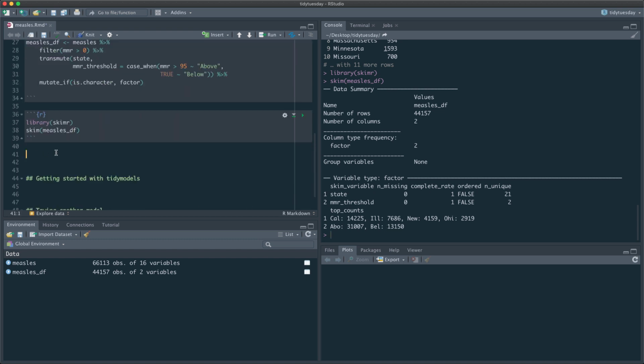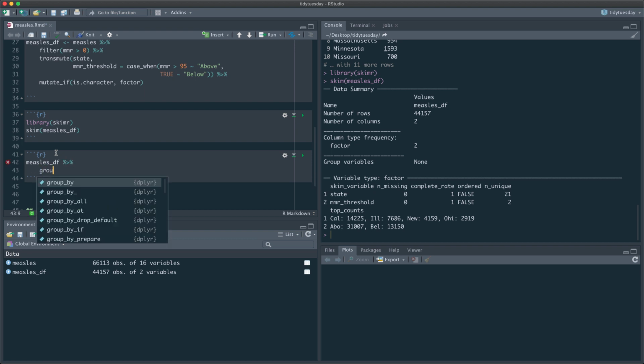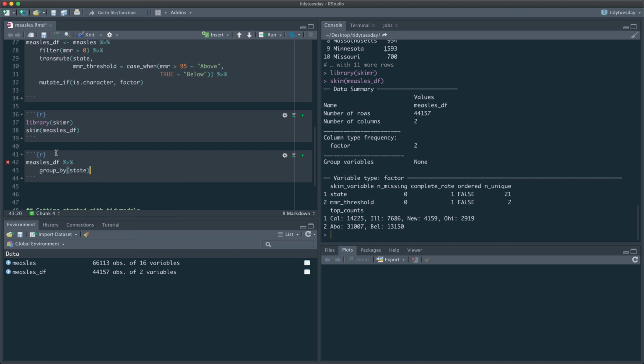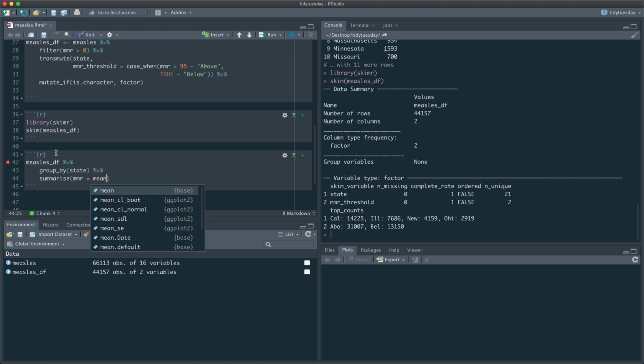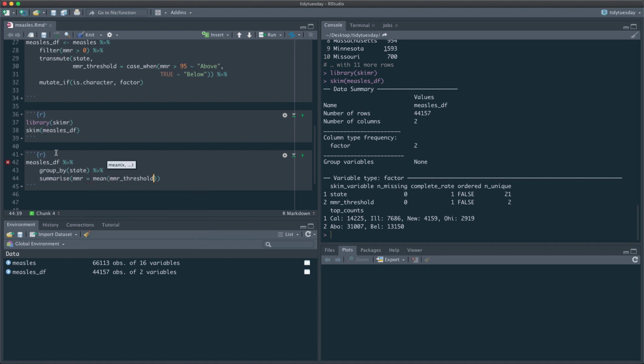Since we are doing slightly more inferential work here, let's make a plot showing us what we see in the data as the relationship between the state and this threshold that we have here.